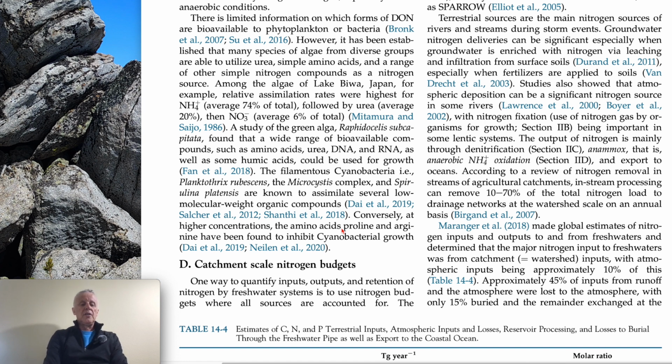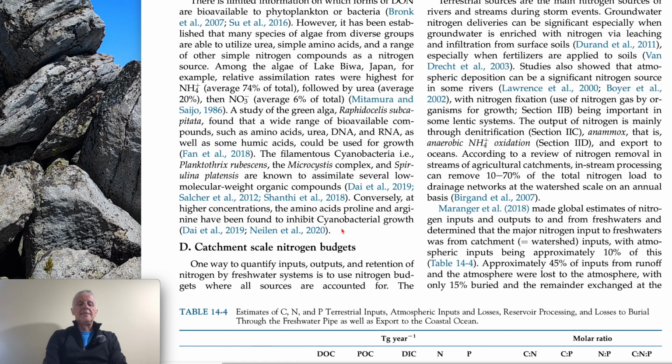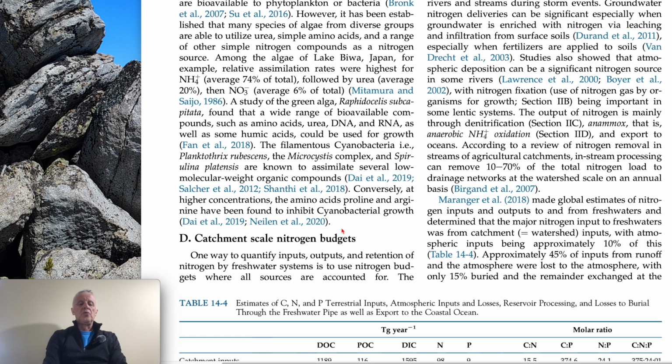A study of the green alga Raphidocelis subcapitata found that a wide range of bioavailable compounds such as amino acids, urea, DNA, and RNA, as well as some humic acids, could be used for growth.